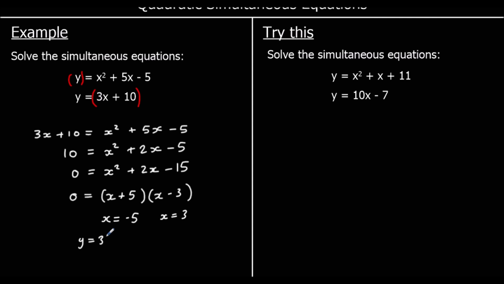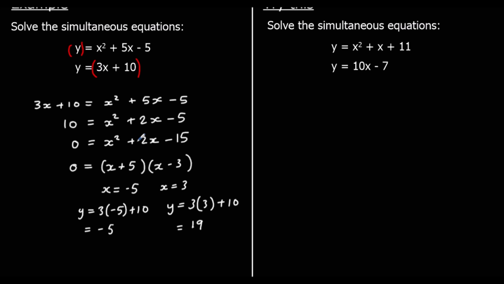So if x is negative 5, 3 negative 5s plus 10. 3 negative 5s make negative 15. Plus 10 is negative 5. And if x is 3, y is 3 3s plus 10. So 9 plus 10, which is 19.